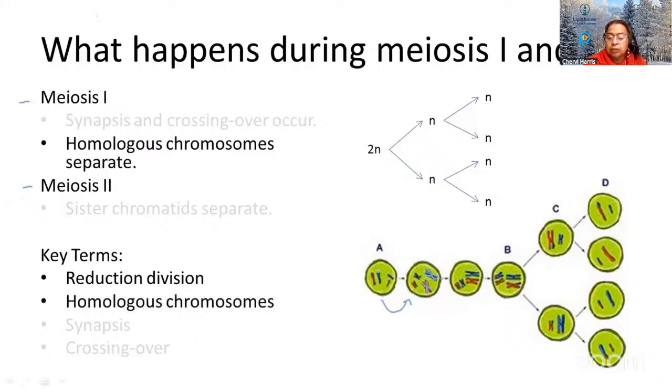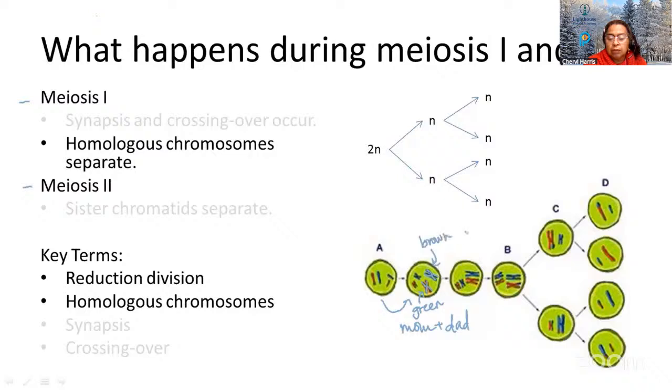Remember, we said that in humans, in each pair of homologous chromosomes, one comes from the mom and one comes from the dad. For example, if we were talking about eye color, both these chromosomes will have the genes for eye color, but let's say the mom's chromosome will have the genes for green eyes, whereas the dad's chromosome will have the genes for brown eyes.